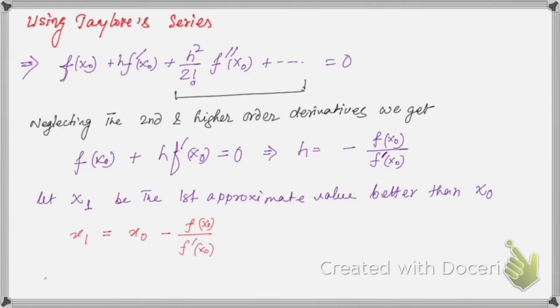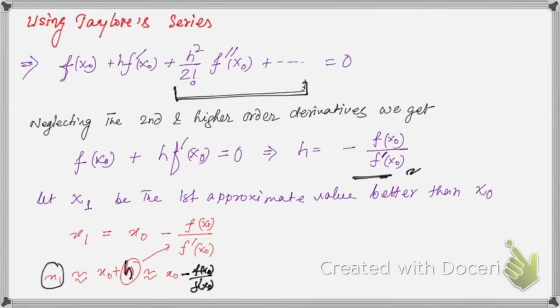So x1 is approximately equal to x naught plus h, and if you replace h by this value, this is approximately equal to x naught minus f of x naught by f dash of x naught.